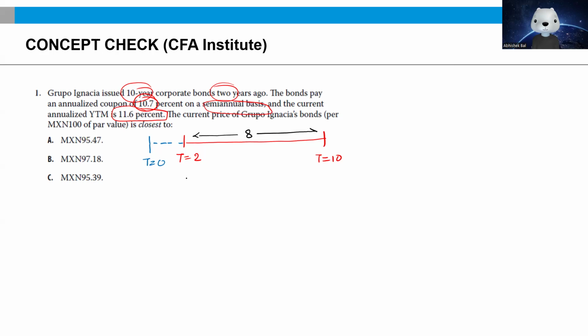Okay. So now what we have is N equal to 8 into 2, 16 periods, because it's paying a semi-annual coupon. The coupon that is being paid is equal to 5.35 for every $100 because it's a semi-annual coupon.